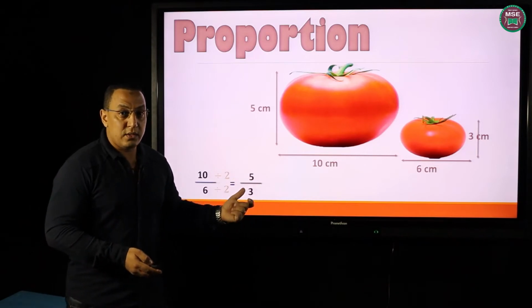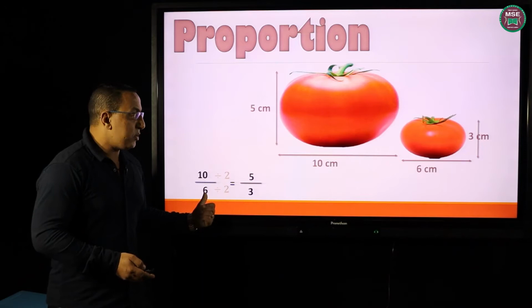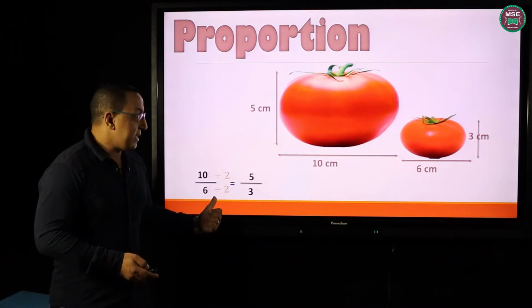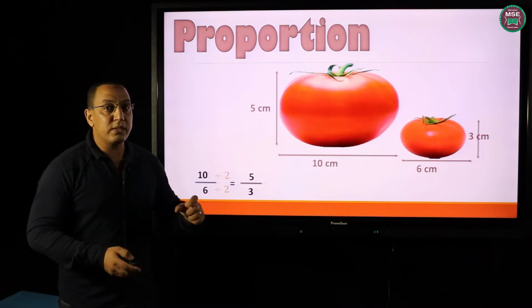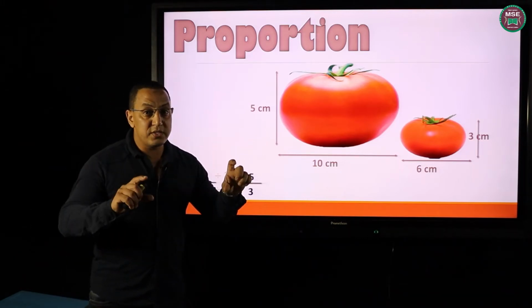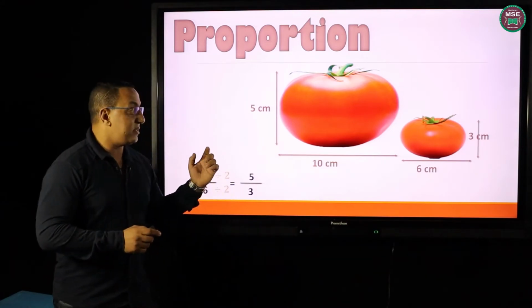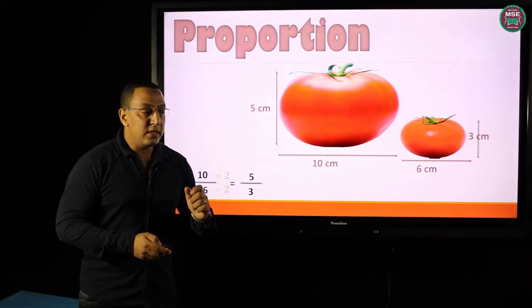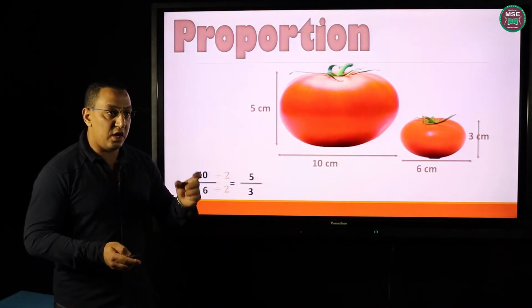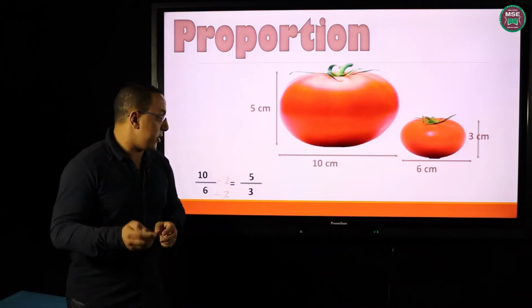Now we see that the ratio between the lengths is exactly the ratio between the widths, and that's what makes the two pictures identical or similar to each other. The ratio between the lengths equals the ratio between the widths, so they are proportional to each other.